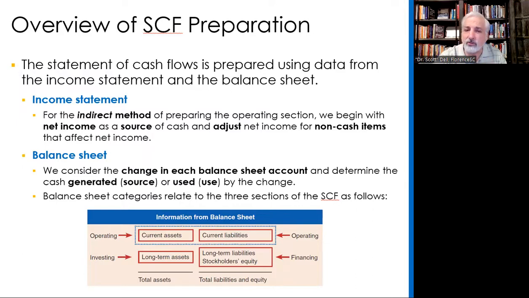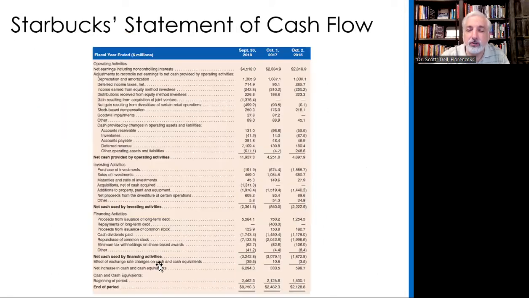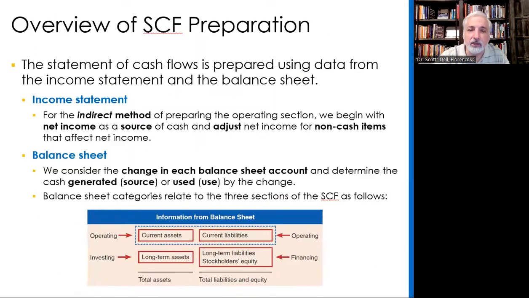That's a use of funds. So we'll be going a deeper dive in how these look. And the big picture I mentioned before is the current assets, mostly operating, current liabilities, mostly operating, long-term assets, mostly investing, and the financing is the long-term liabilities and the stockholders' equity.